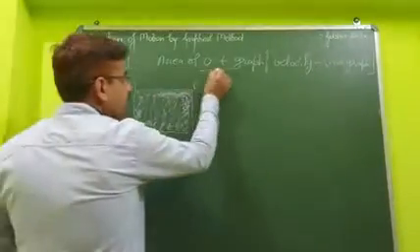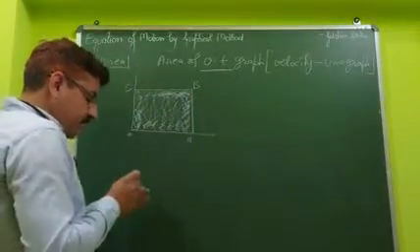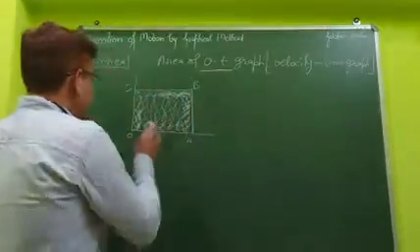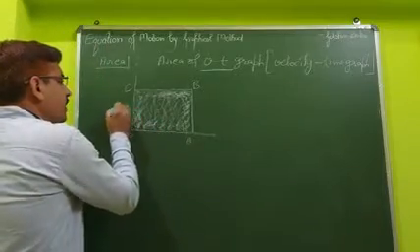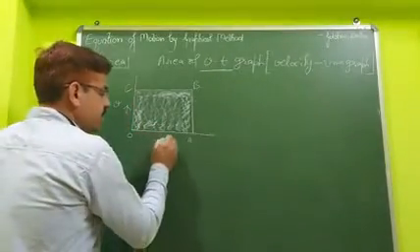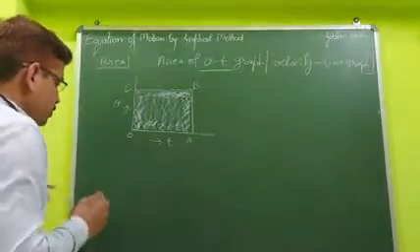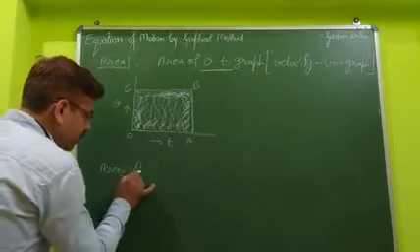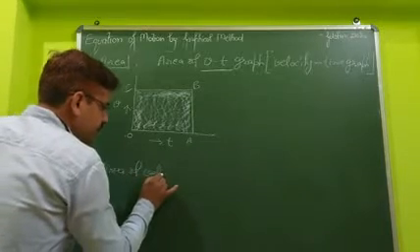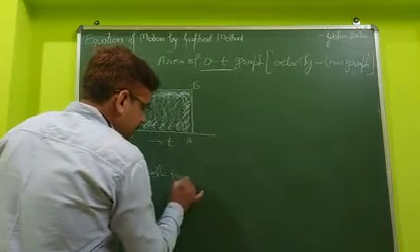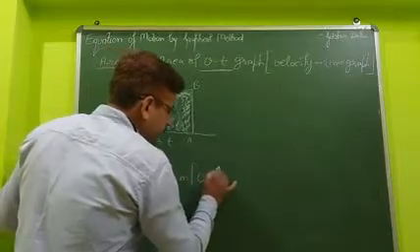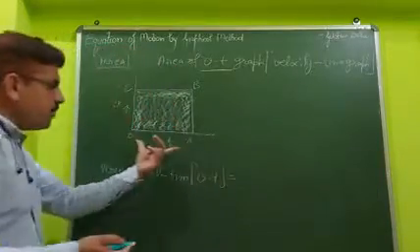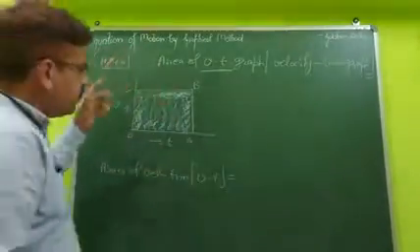But the graph is between velocity and time, so let me draw along this direction: V means velocity and T means time. So the area of the VT graph, simple area, is equal to length into breadth, or length into height.